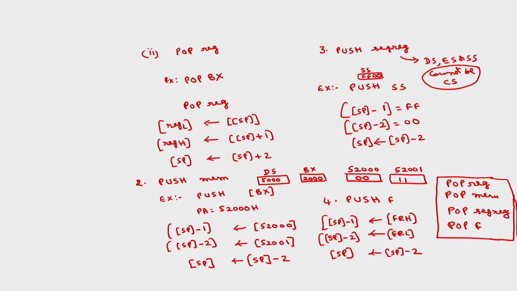Here I have explained for this pop register, contents of SP to register lower, contents of SP plus 1 to register higher, SP plus 2 becomes SP, that is pop register, and pop memory also same. So whatever the memory location that we are going to compute, that physical address will be present here, physical address plus 1, SP becomes SP plus 2. In this case the lower order segment register, higher order segment register, in this case lower order flag register, higher order flag register. This is about the push and pop instructions. Thank you.